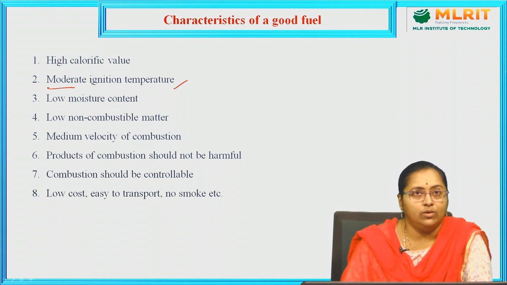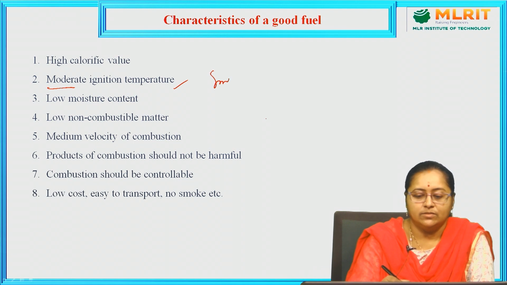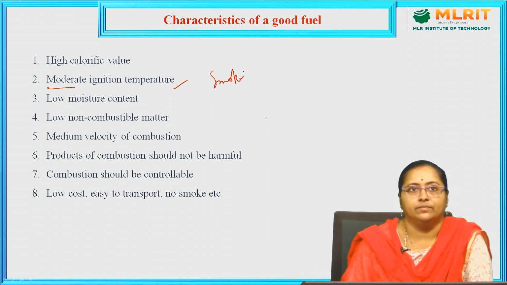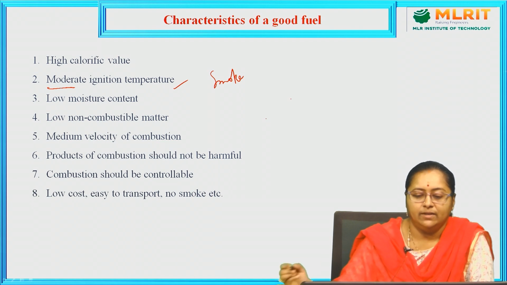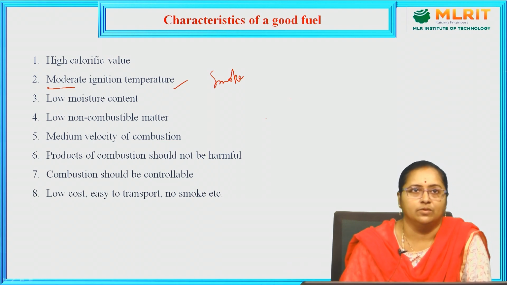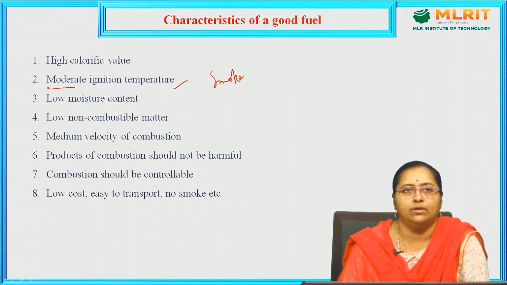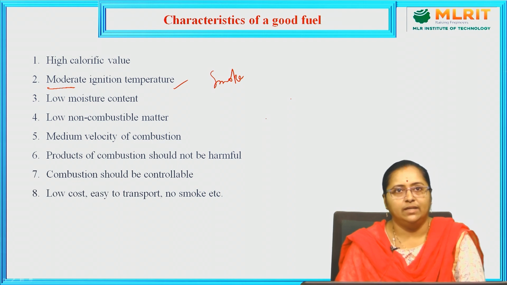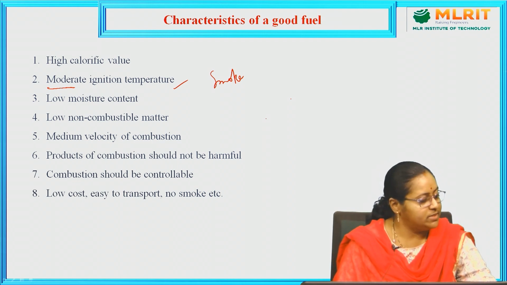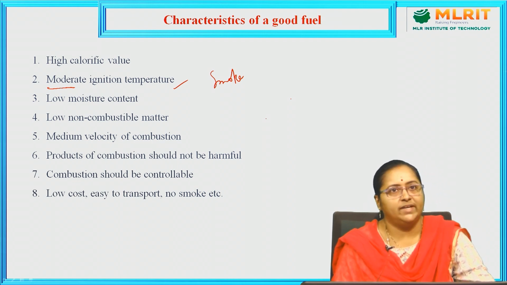If it is too low, it releases smoke. Smoke is a pollutant during combustion. If combustion is incomplete, it produces smoke as one of the products. So that's why we call it moderate ignition temperature.